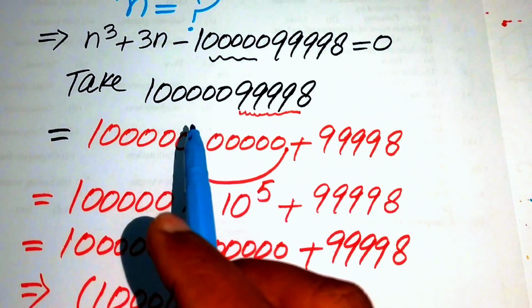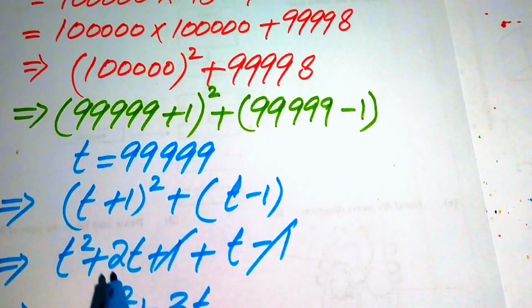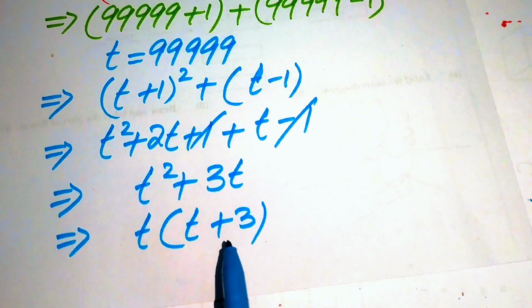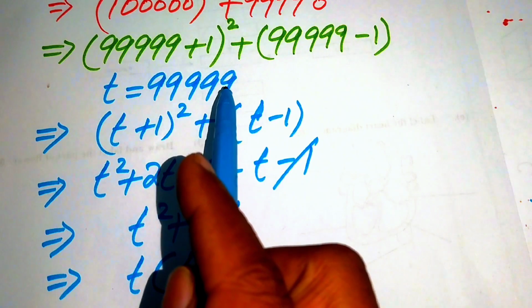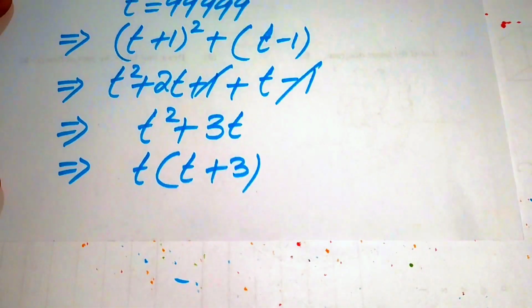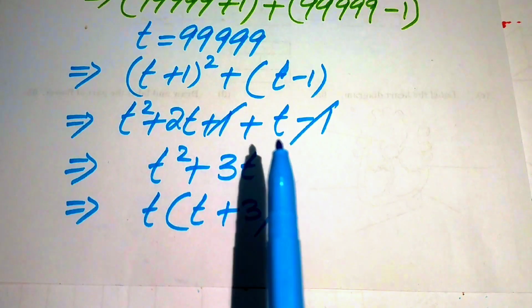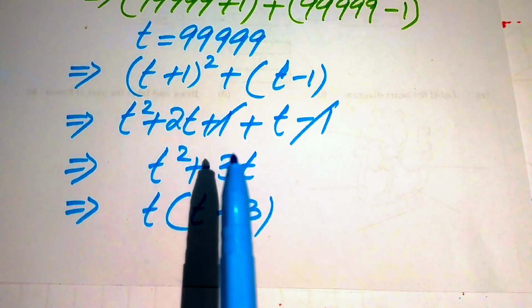So this 11 digit number equals t times of t plus 3, where t equals 99,999. Now we back substitute the value of this number into the given equation.